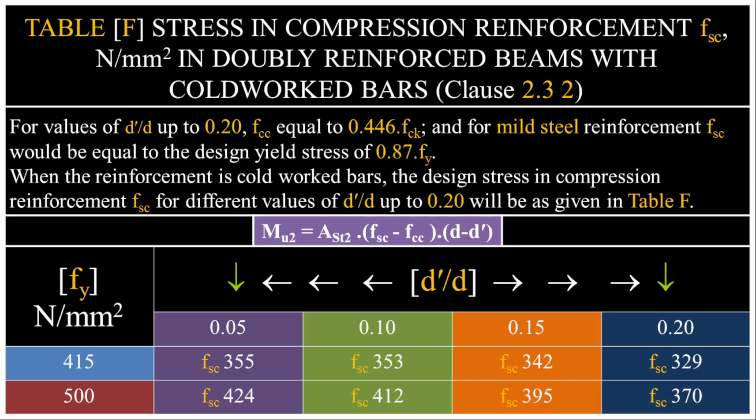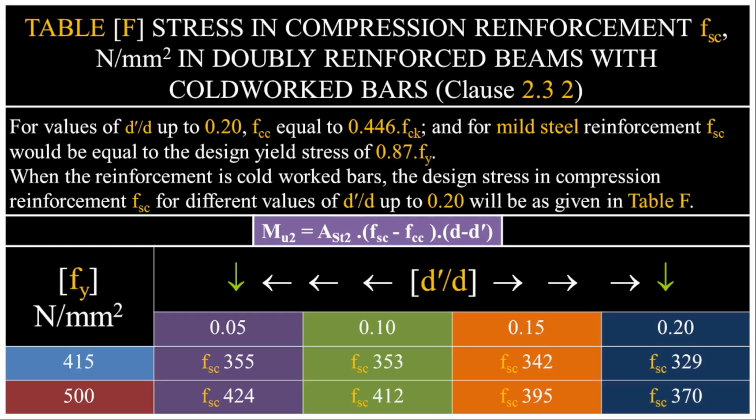We have two rows here, one for 415 and another for 500 Newton per square millimeter. Across the top, we have the ratio d'/d, with columns for 0.05, 0.10, 0.15, and 0.20.